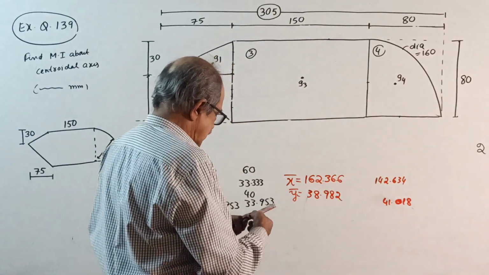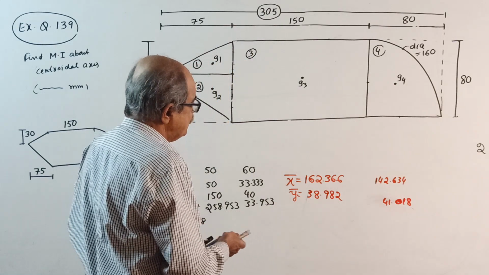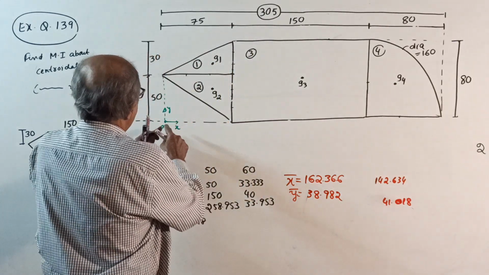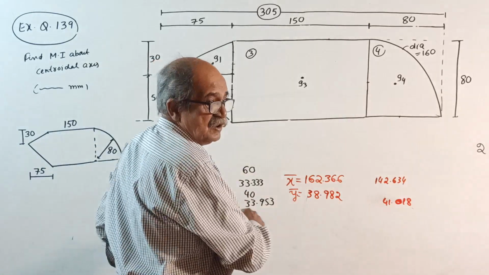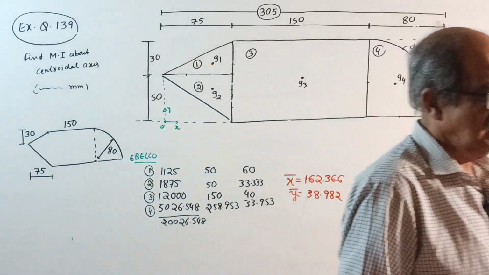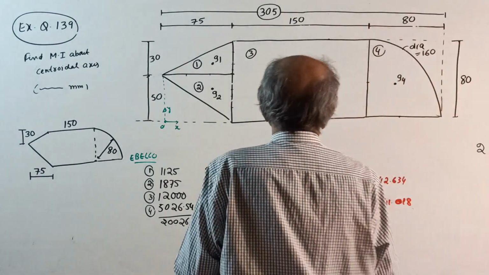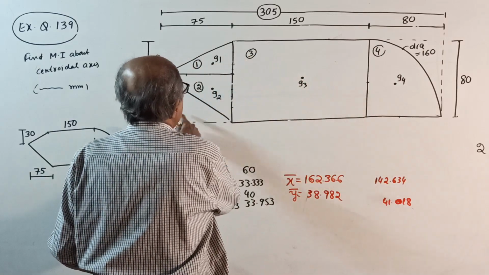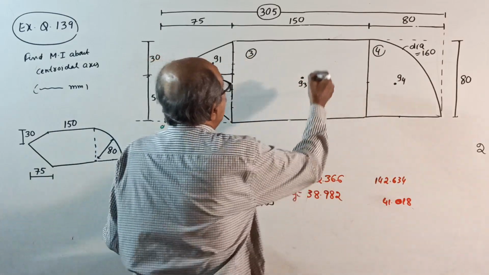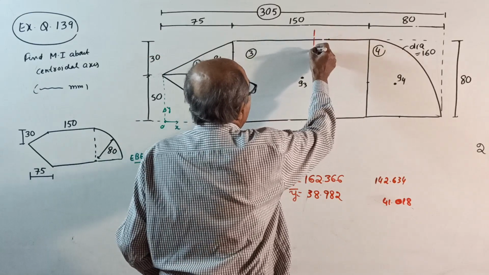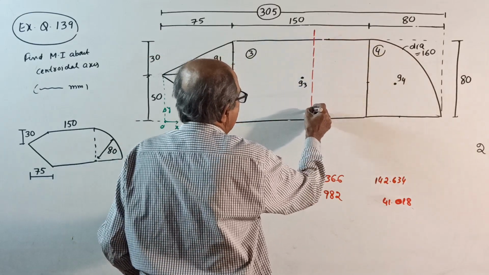So, x bar we got 162.366. See, 75. So, further you have to go, up to where? Up to the center of this rectangle, which is 75 plus another 150. Oh, it will come here, after the centroid. That's all.